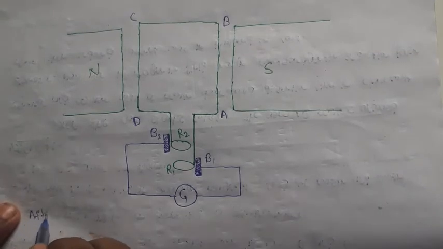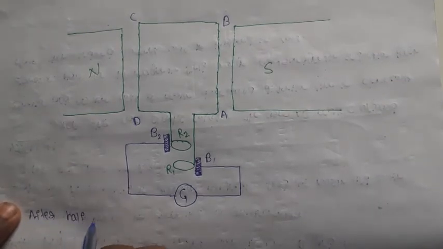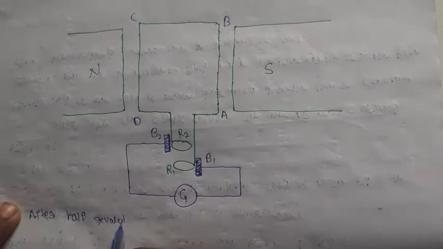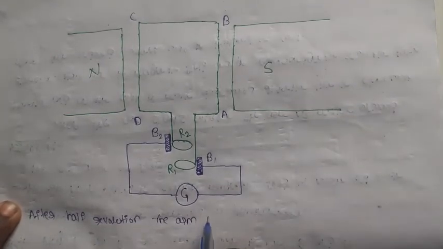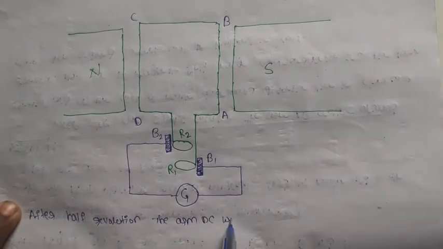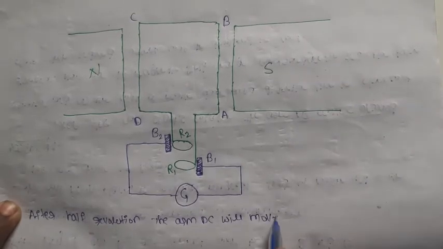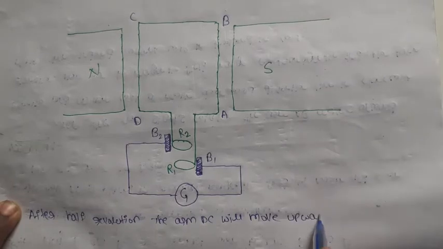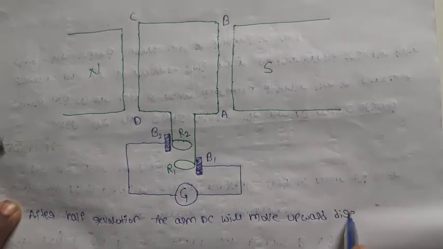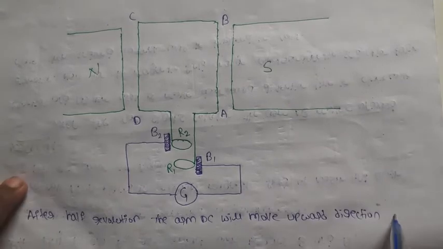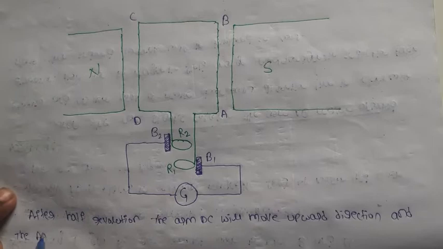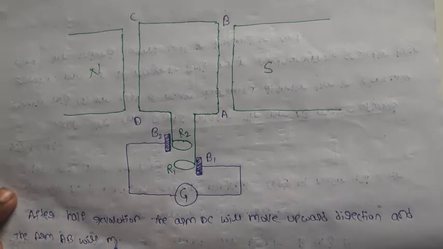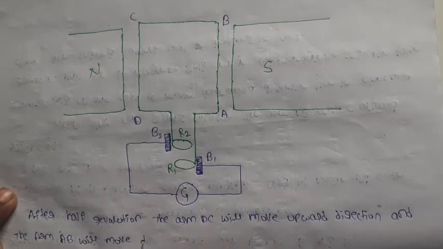After half revolution, the arm DC will move upward direction and the arm AB will move downward direction.